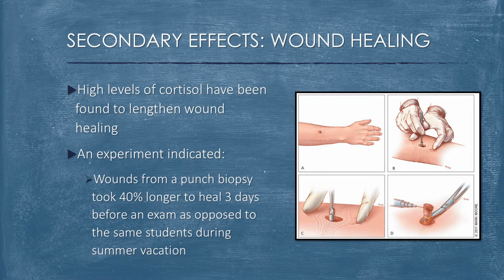This experiment was conducted multiple times with several focus groups, and wound healing was evident in this. So that's an interesting revelation, as some hormone could have physical effects on your body, and cortisol is that hormone.